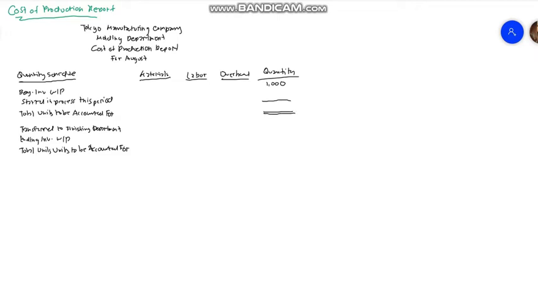Transfer to finishing department is 9,200, and the ending inventory of units is 800 units. So therefore, the total units to be accounted for is 10,000. So since we already have this one, we'll transfer it here. Okay. So that's 10,000 also.